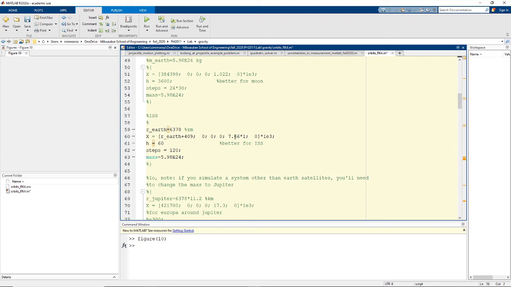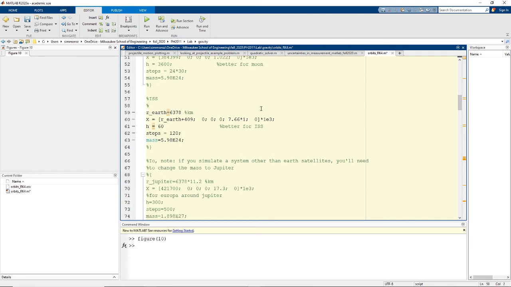So if I set the initial radius to be in x, the initial velocity can be in y, and those will be perpendicular. And these are in kilometers and kilometers per second. The step size that we're using is 60 seconds, and the number of steps is 120 steps. And this is also setting the mass to be the mass of the Earth, because we're looking at a satellite that's going around the Earth.